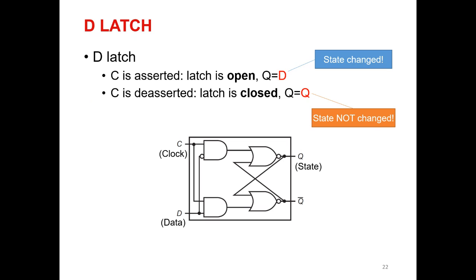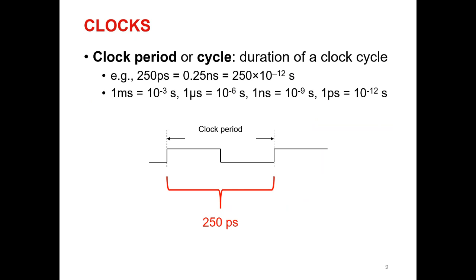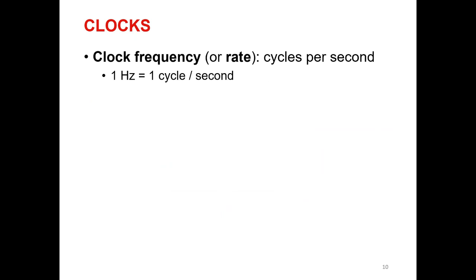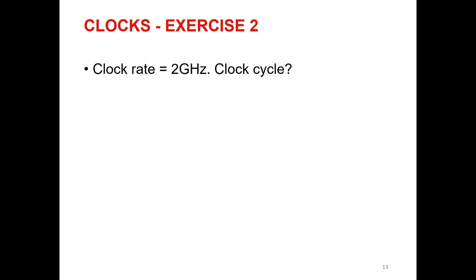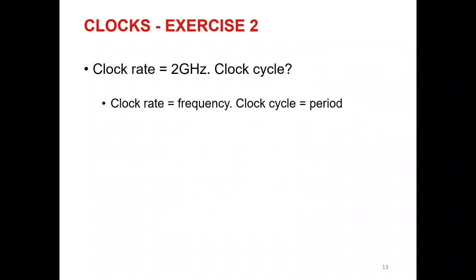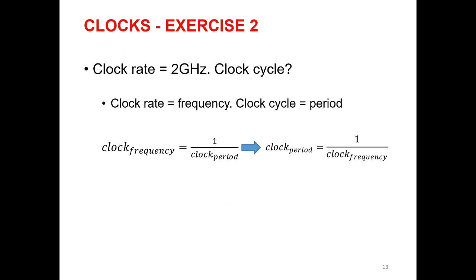Okay, and to finish, someone would like me to go again through the example of clock frequency and hertz. So I think you refer to this exercise. Here I have asked you, if the clock rate is 2 gigahertz, what is the clock cycle?